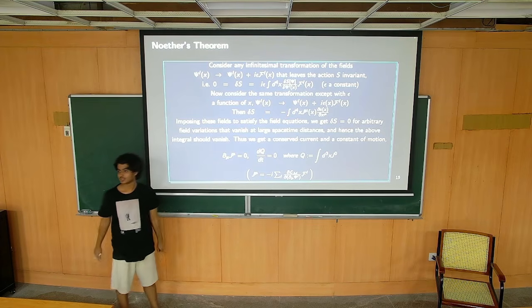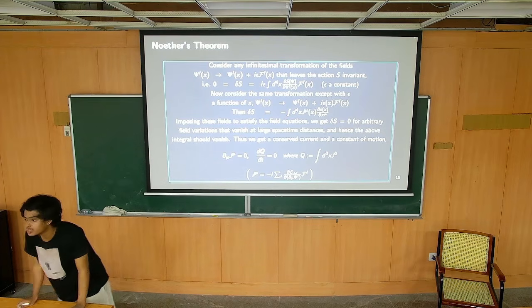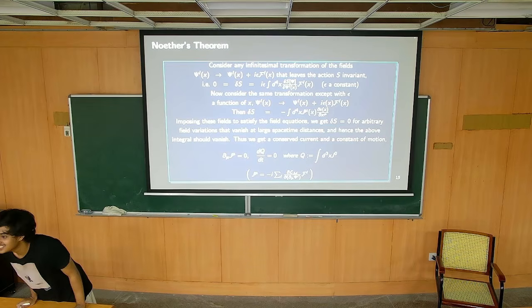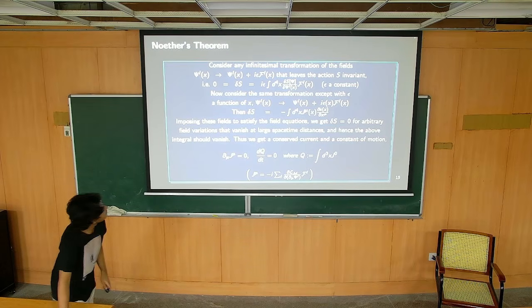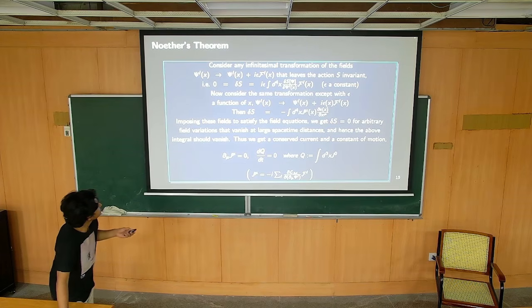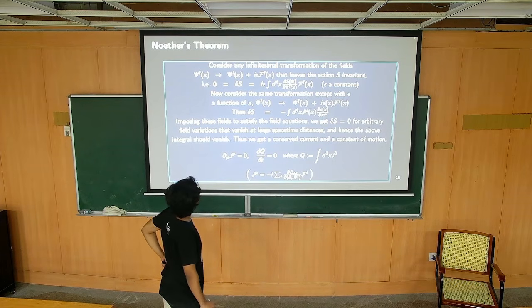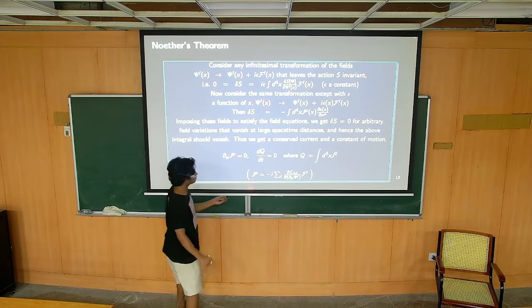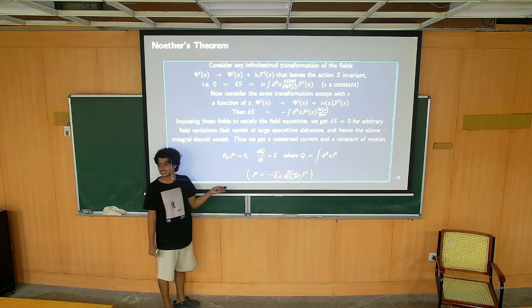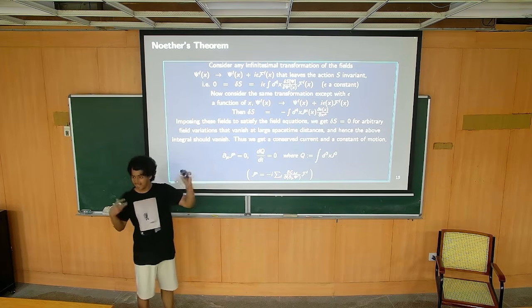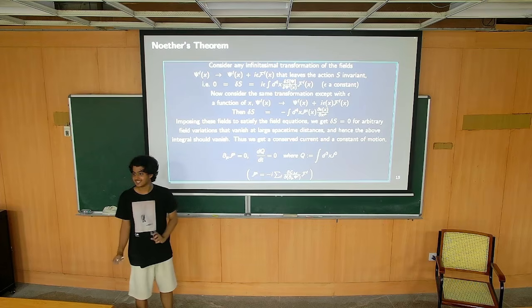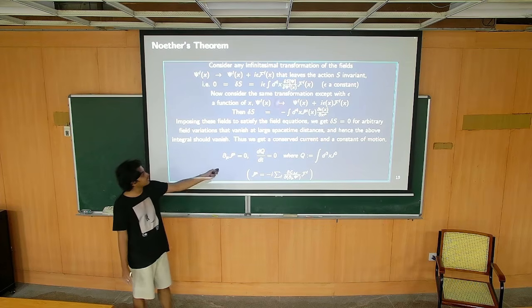What is the J over there? The J next to del epsilon by del x? Oh, I forgot to mention what J is. For now, say it is whatever the coefficient is, I call that J. That's the definition of J: J is the coefficient of this.